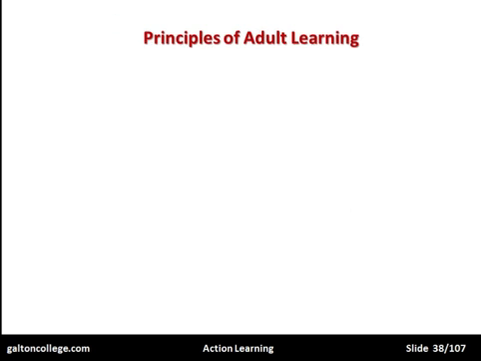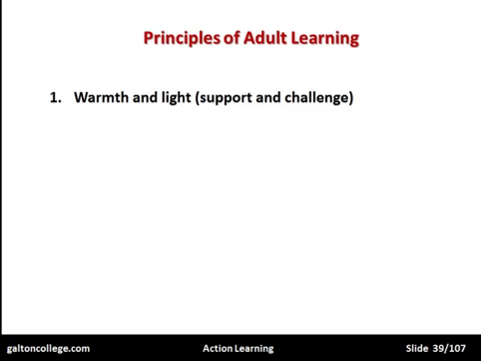Now, the principles of adult learning, according to this, well, if you like, warmth and light. In other words, it's support. The warmth is the support. If we have support in learning, we learn more. We feel it's a more secure environment.